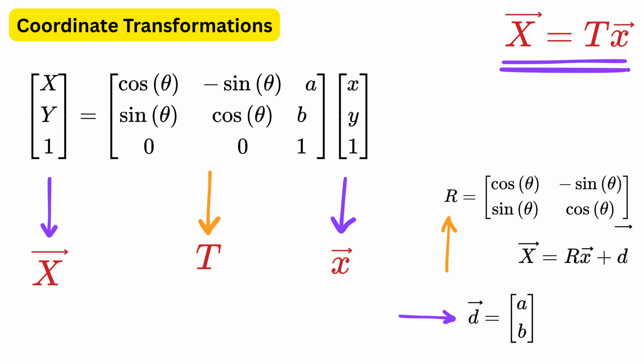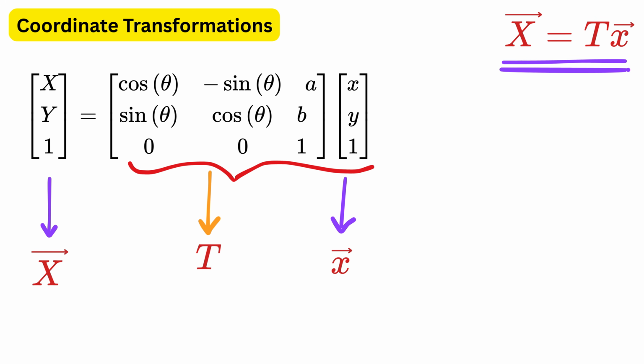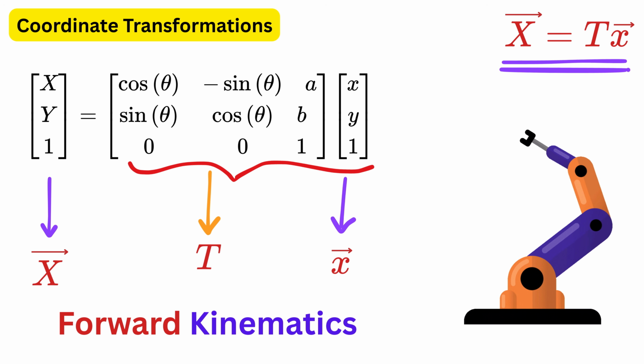This setup allows us to perform both rotation and translation in one single matrix multiplication. When we multiply this T with the modified small x vector, the result is the final position vector big X in the fixed frame. Now, we are ready to perform forward kinematics on the robot.